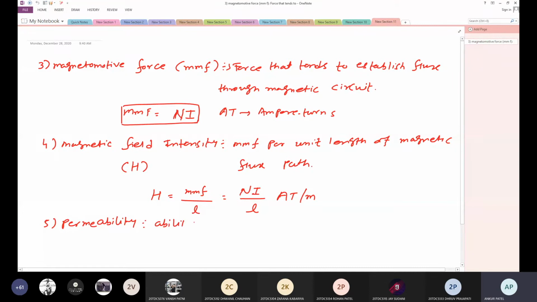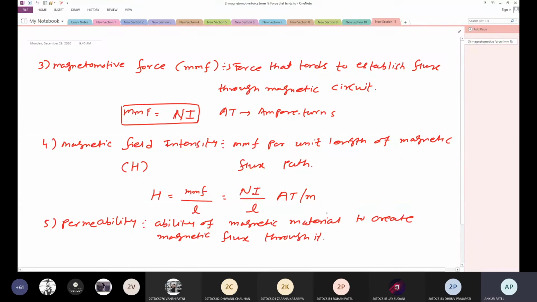So permeability is the ability of magnetic material to create magnetic flux through it.